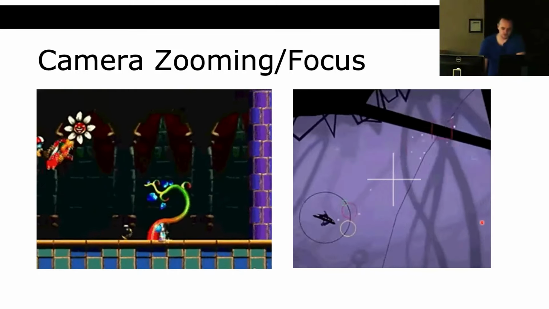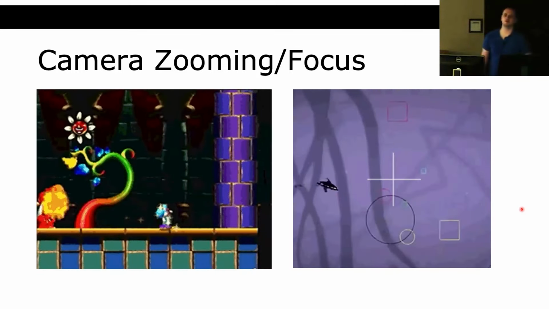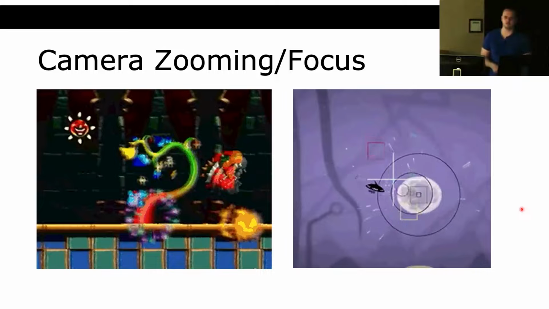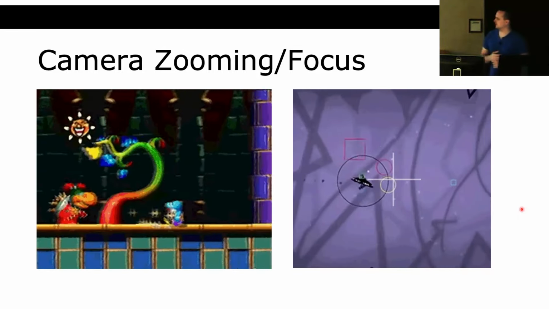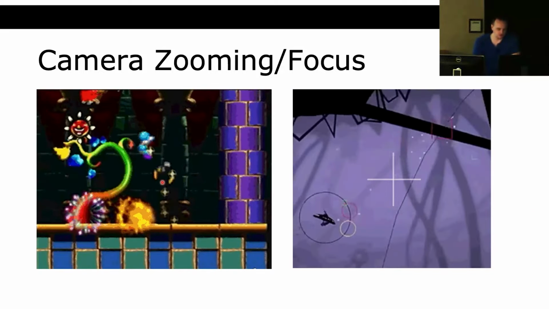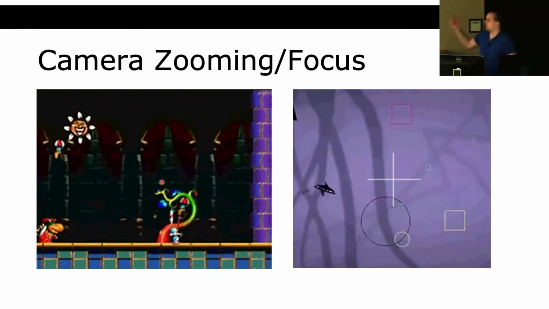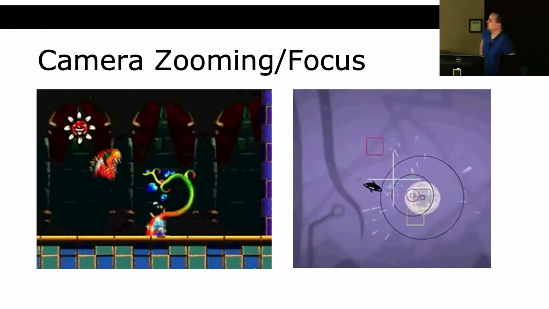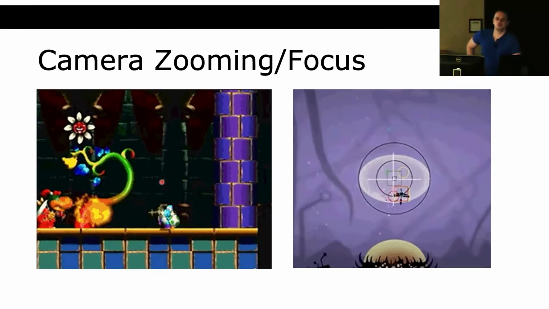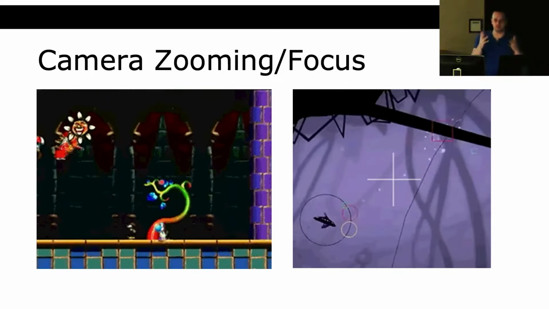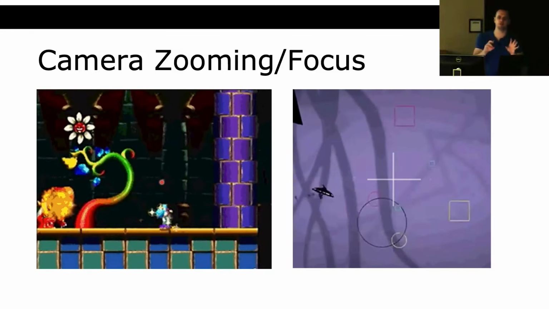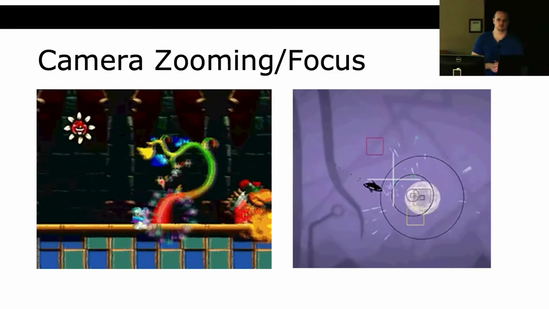Not only can we move the camera, but we can also define the zoom level of the camera, right? So again, if this was an actual camera, this would be sort of the focal length of the camera. So over here in this game, if you're fighting Bowser or some boss, maybe you want the player and the boss to be as big as possible, but I want them both to always be on the screen, right?